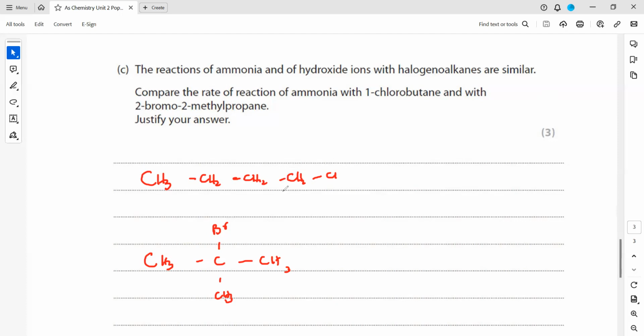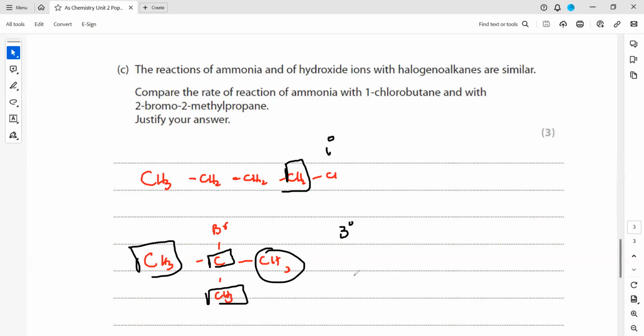When a carbon is attached to a halogen and there is one carbon chain, this is a primary. Here the halogen is attached to a carbon which is surrounded by 3 carbon chains, so this is tertiary. So first, we compare the type.